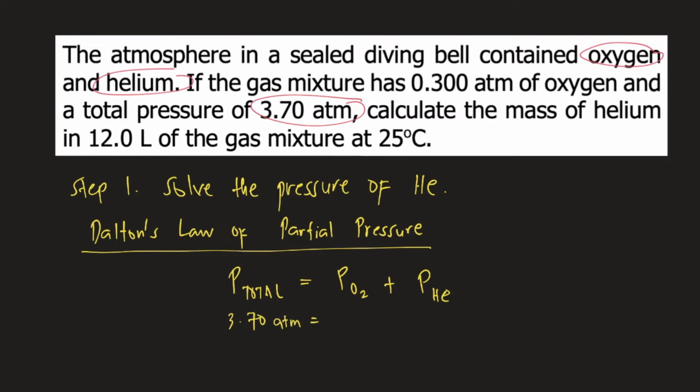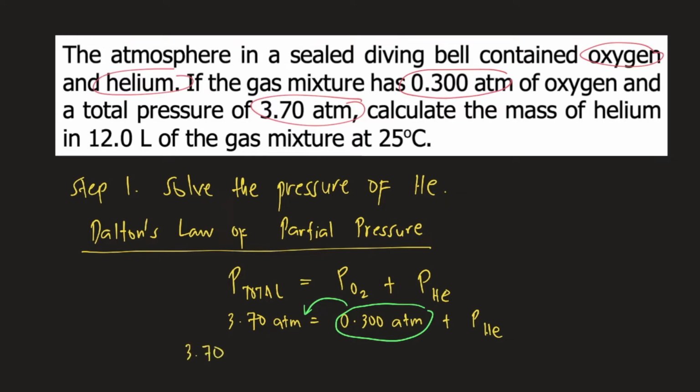And the pressure of oxygen gas is also given, 0.300 atm. Therefore, you can solve for the pressure of helium. So how do you do this? You just transfer 0.300 to the left side and it becomes negative.